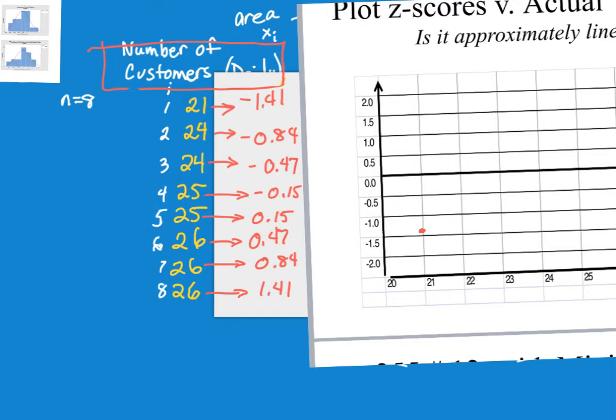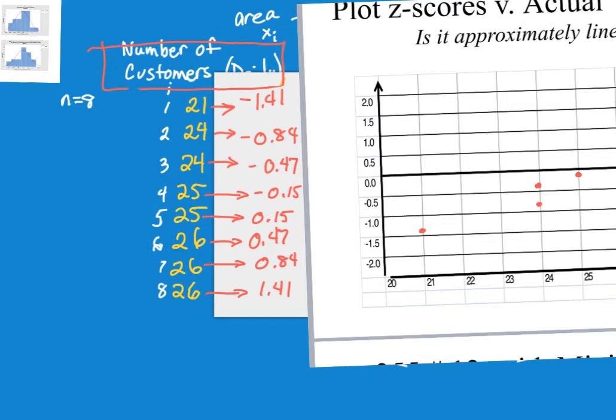Then I will move over to 24 and negative 0.84. There. My next point is another 24, but it is located at negative 0.47. So about there. Then I have a 25 that is located at negative 0.15.